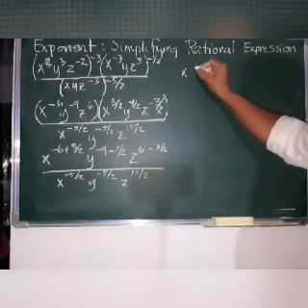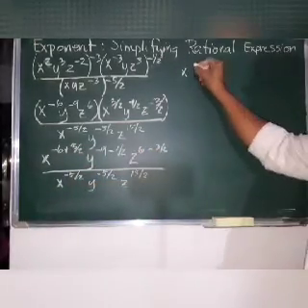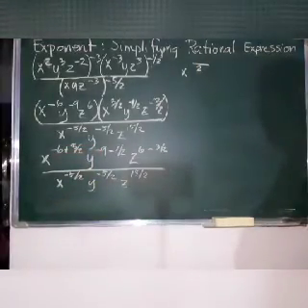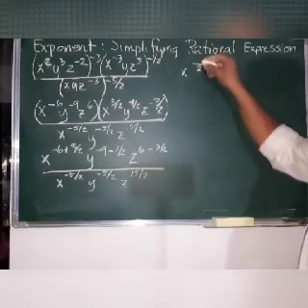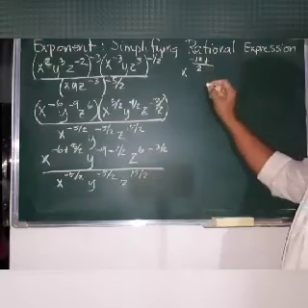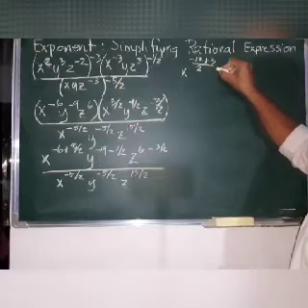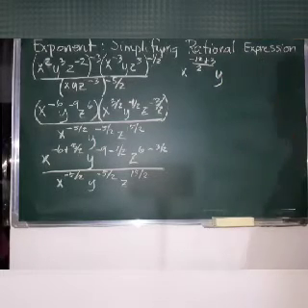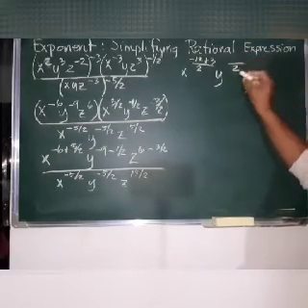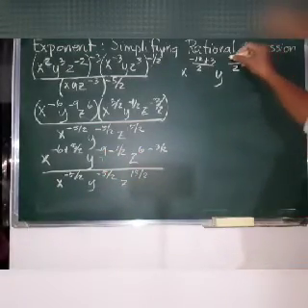So, x, ang LCD ng negative 6 and 3/2 ay 2. So, 2 divided by 1 is 2. 2 times negative 6 ay negative 12. Plus, 2 divided by 2 ay 1. 1 times 3 is 3. Next, y. LCD ng negative 9 and negative 1/2 ay 2. Okay, so 2 divided by 1, ang denominator ng 9 is 2. 2 times negative 9 is negative 18.